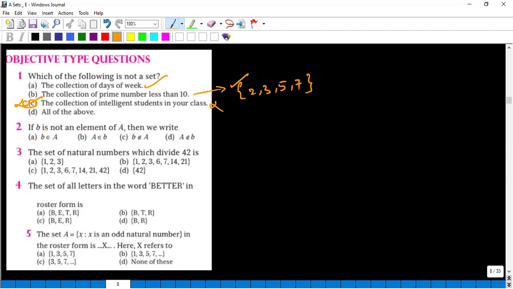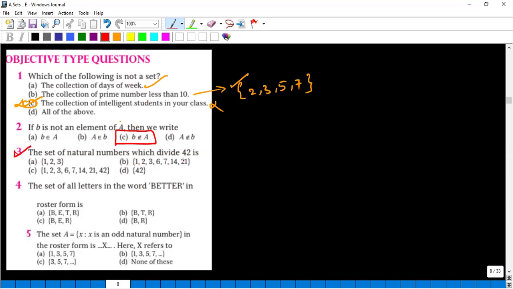Second question, let us see. B is not an element of set A. We will write that one like this. We have four options. The correct option you can see over here: B does not belong to A. Third question.